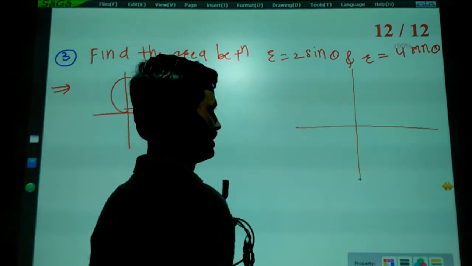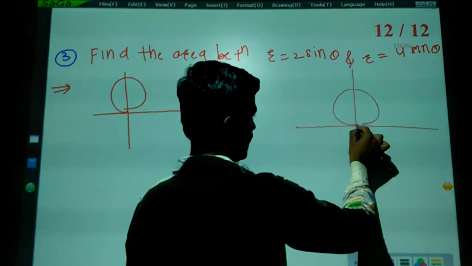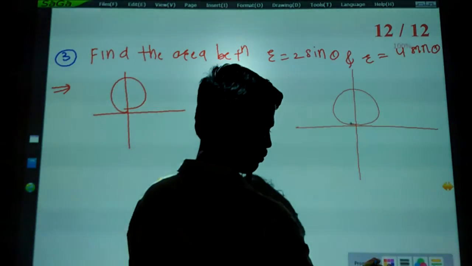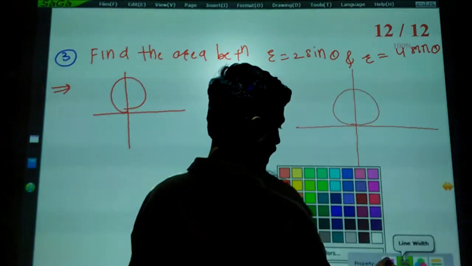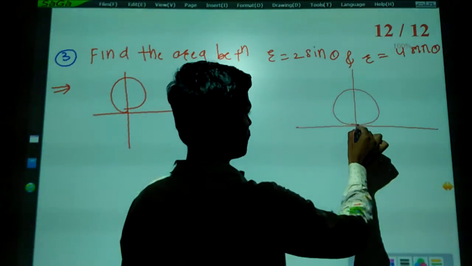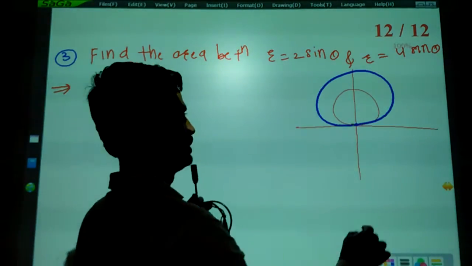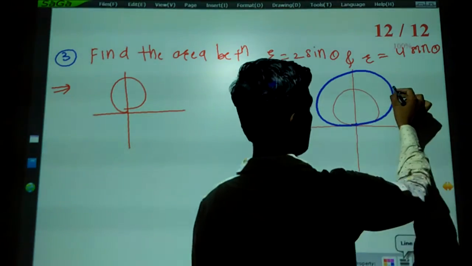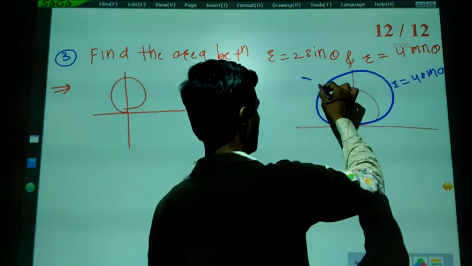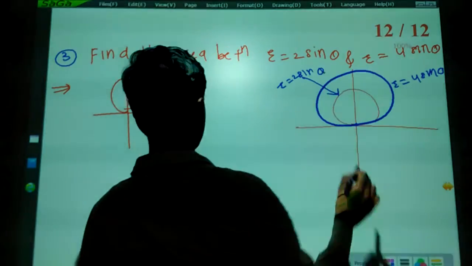So this is the x-axis, this is the y-axis. So draw one circle. This is the r is equal to 2 sin theta, which is a small circle, and r is equal to 4 sin theta, this is the bigger one.